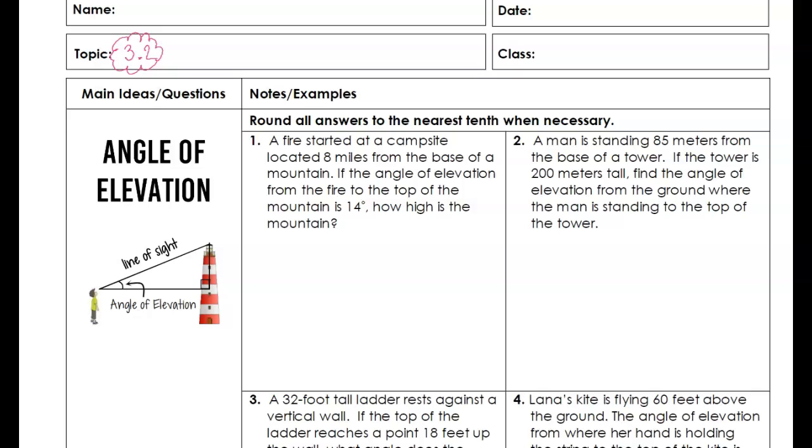First, we're just quickly going to go over what angle of elevation is. Whenever it says there's an angle of elevation, what it means is the angle from the horizontal line. So here you can see there's a horizontal line.